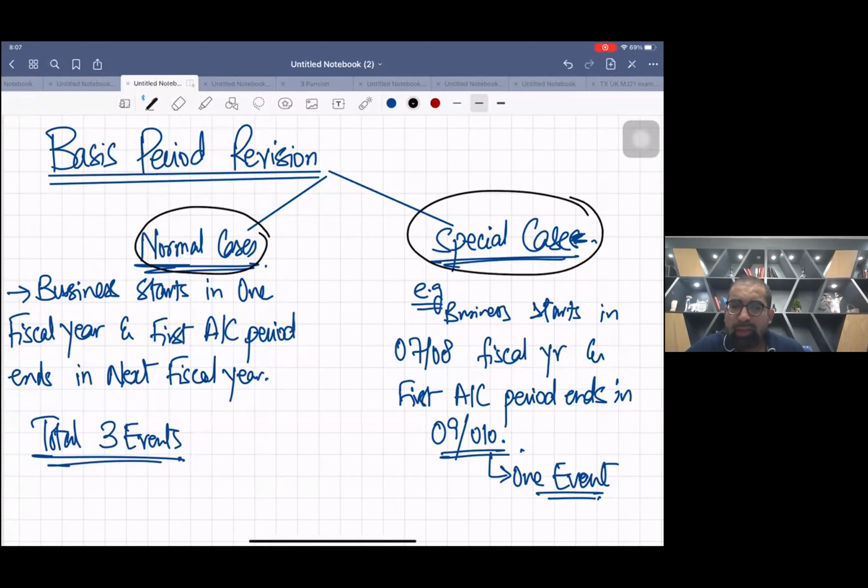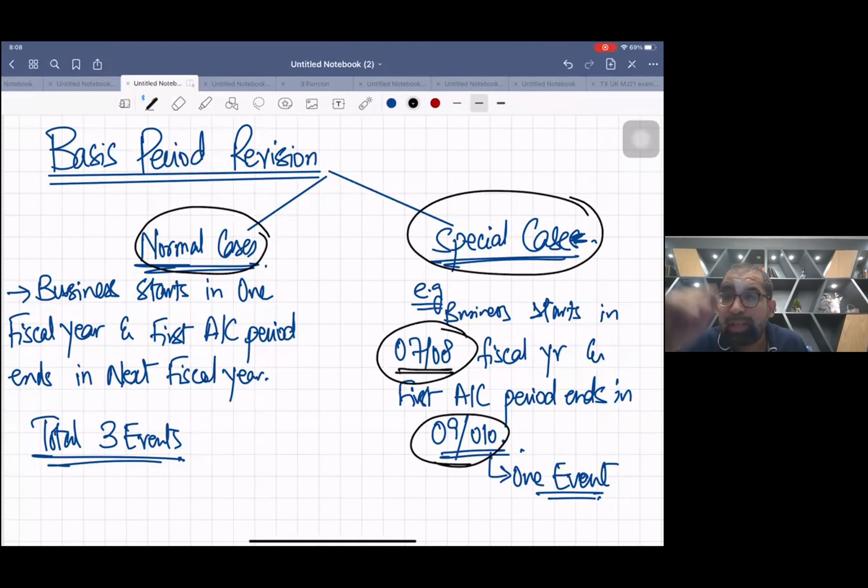You start the business, let us say, in the 07-08 fiscal year, and your first accounting period ends in 09-10.